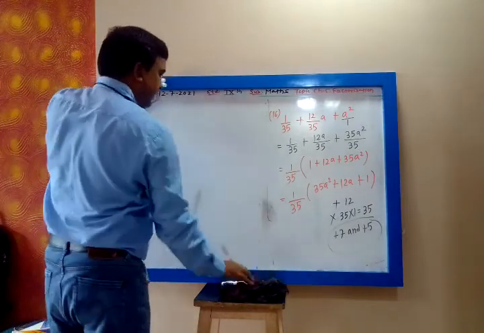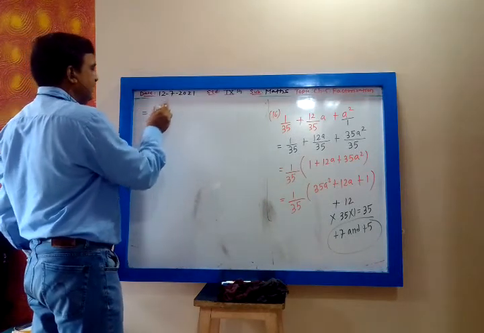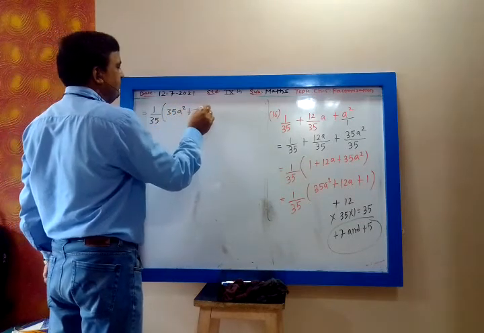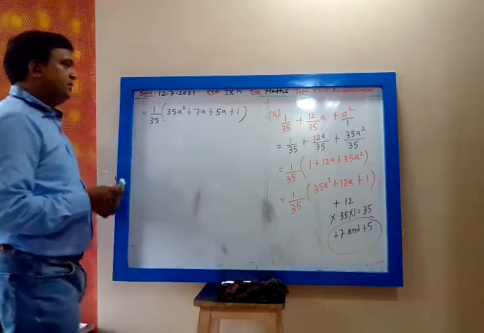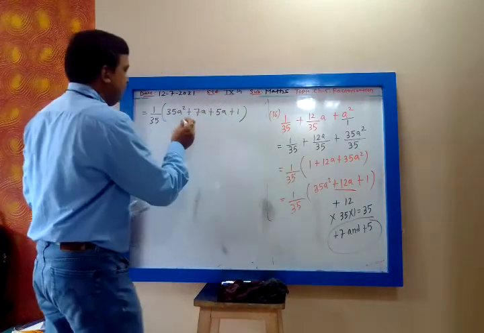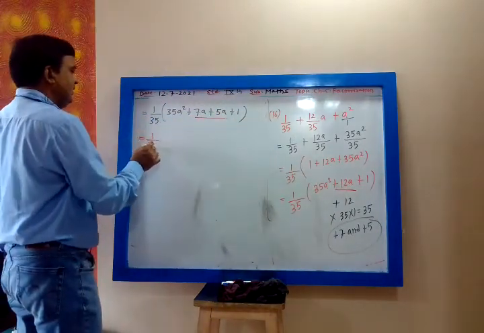Okay, so this we write as 1 upon 35 into 35a square plus 7a plus 5a plus 1. This middle term I have split; I have written 7a plus 5a. Okay. So 1 upon 35.